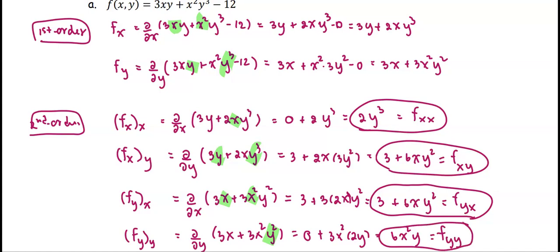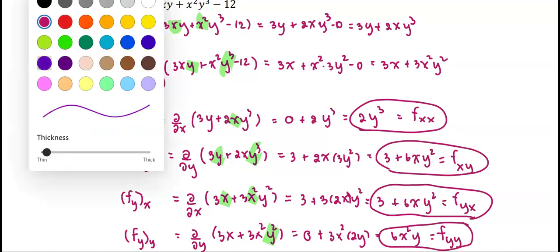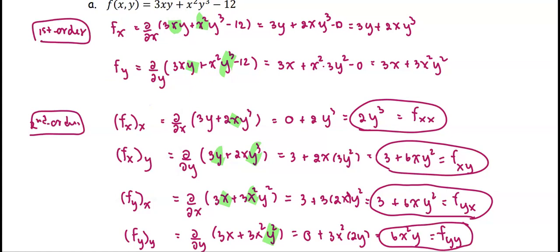And if you write in different notation, I'm going to use different. So this one is the partial of x of the partial of x, and we can write it as the second partial derivative of f with respect to x. This one is the partial of y of the one that is already with respect to x.